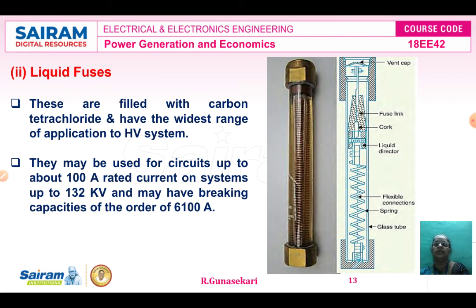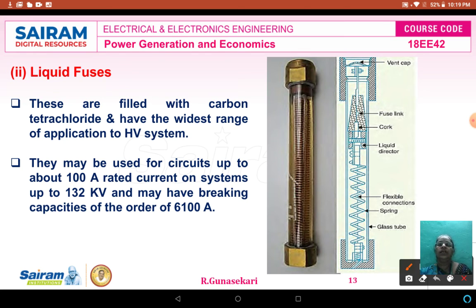Then next, liquid fuses. The liquid fuses are filled with carbon tetrachloride, and they have a wide range of applications in high voltage power systems. The liquid fuses are used for circuits up to 100 amps rated current, but the voltage is 132 kV.